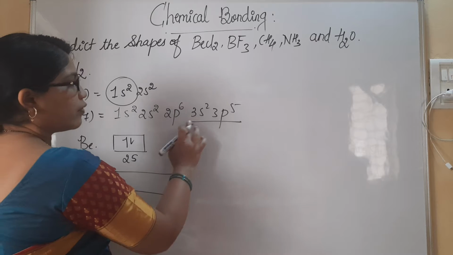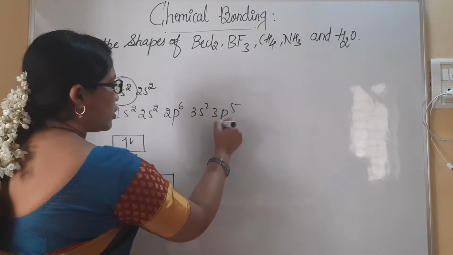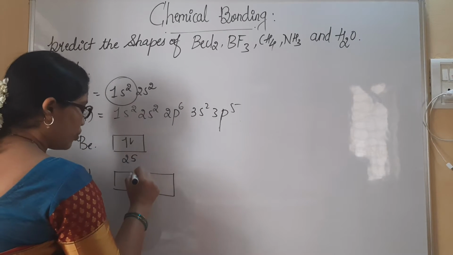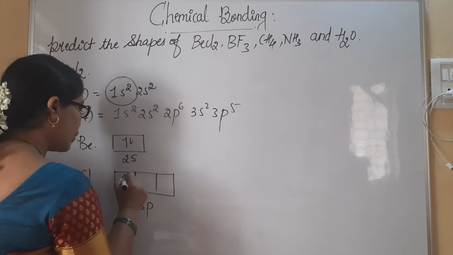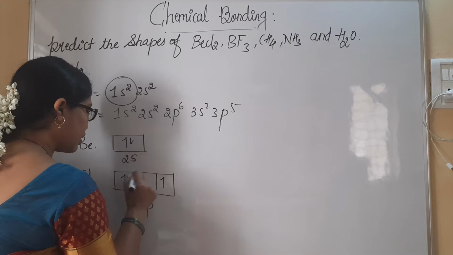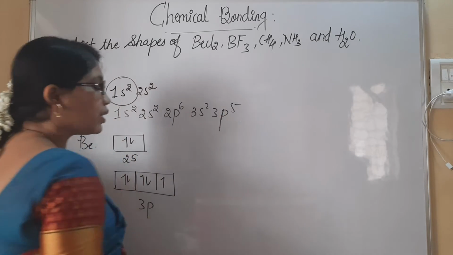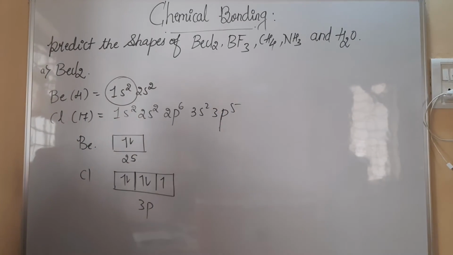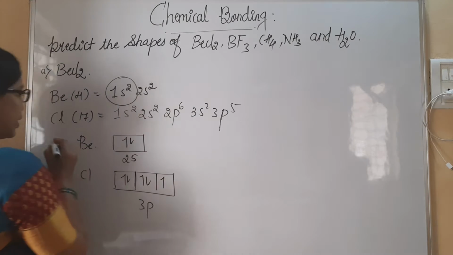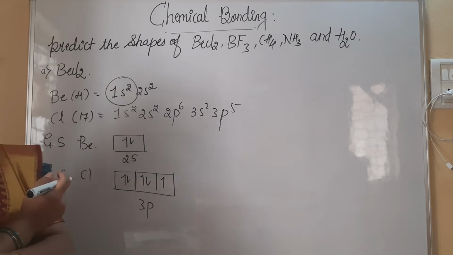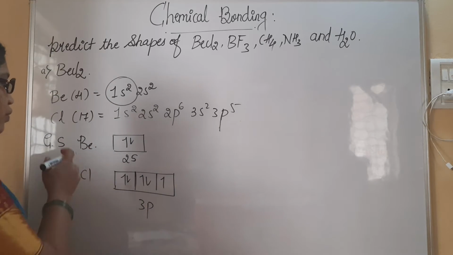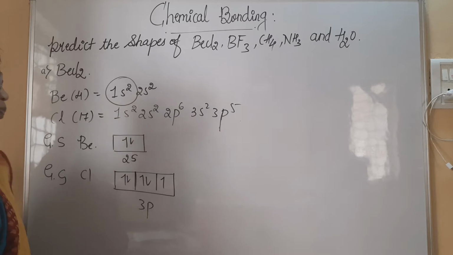Let us consider 3p5 first. How are you going to represent it in the box? 3p electrons, 1, 2, 3. How many are there? There are 5 electrons. Fine. So these two are the ground state electronic configurations for beryllium and chlorine.